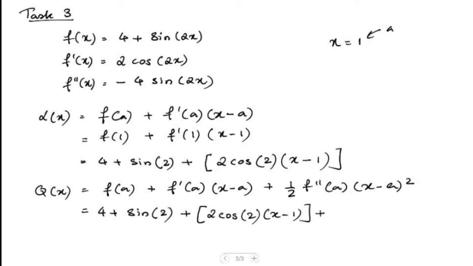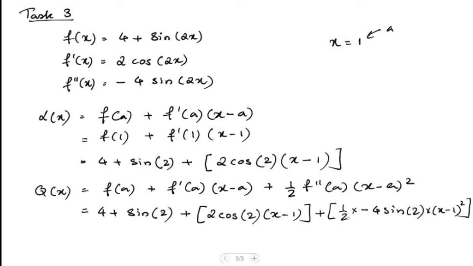Next we open the bracket again, with 1/2 times the second derivative at a. Putting the value 1 in the second derivative, we get minus 4 times sine 2 times 1, which is 2, times (x minus 1) squared, closing the bracket.